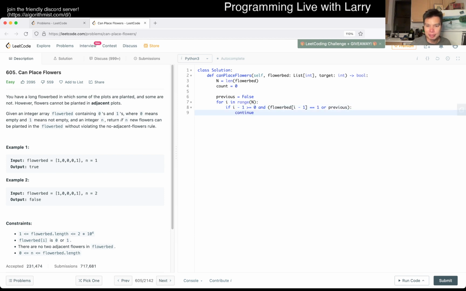If i plus 1 is less than n, and flower bed of i plus 1 is equal to 1, I guess I didn't need parentheses, but whatever, continue. Otherwise, let's plant a flower. Previous is equal to true. And that's pretty much it, except that now this goes to the next state, so I think we have to set previous to false somewhere.